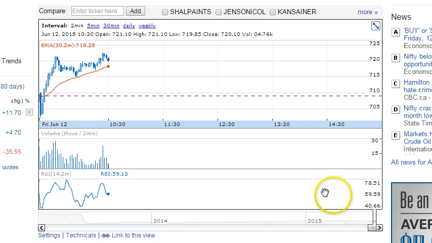So ideally in this case, what we're trying to do is limit the losses by doing this. And there are times wherein you can make huge amounts of profits, which may be 5 times the amount of losses that you book, or even more. So eventually, even if you have an accuracy rate of 50% in picking up the stocks, you will eventually be in profits.